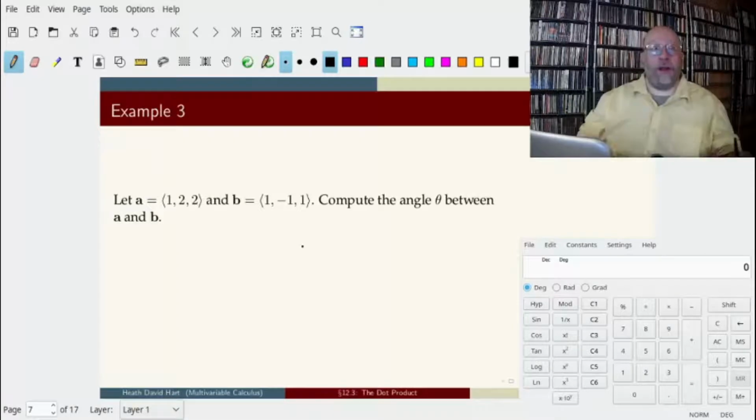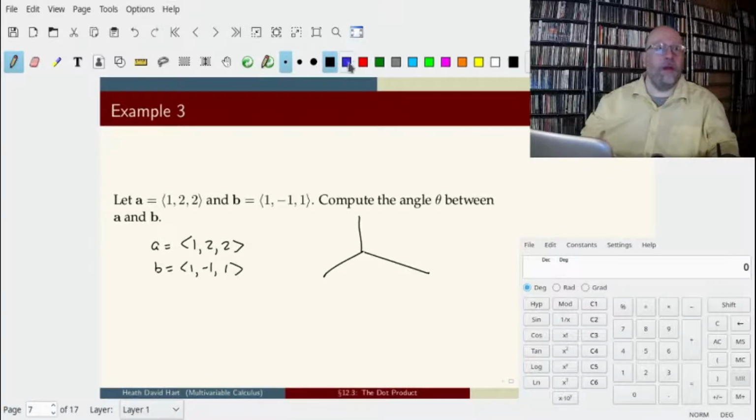So let's try an example. A is the vector 1, 2, 2. B is the vector 1, negative 1, 1. Let's go ahead and sketch these for a moment. So A is 1 unit in the x direction.